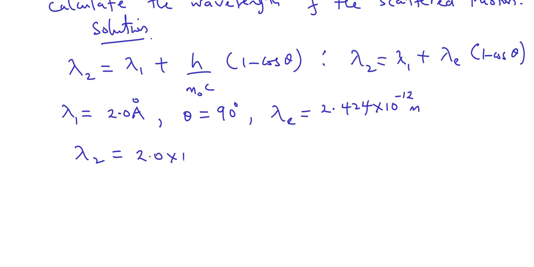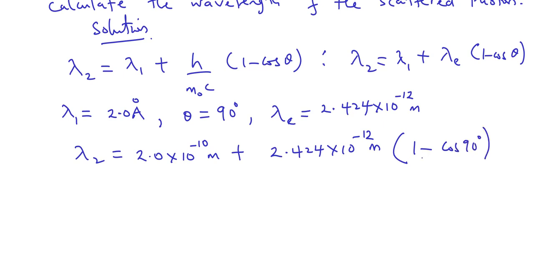We convert to meters, so that is 2.0 times 10 to the power minus 10 meters, plus lambda e, which is 2.424 times 10 to the power minus 12 meters, into bracket 1 minus cos 90 degrees.